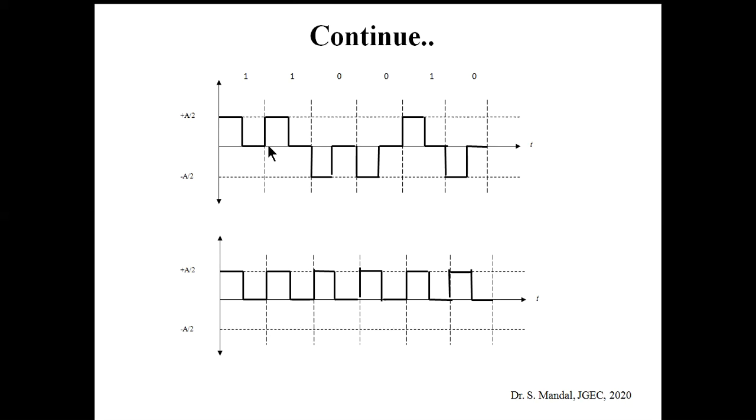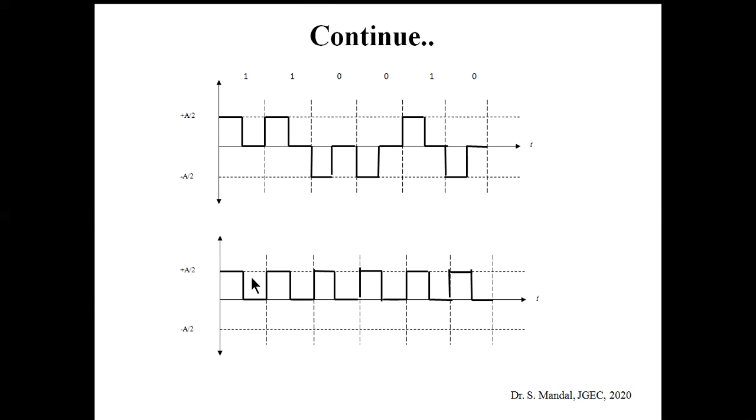So this is basically the polar RZ type. Now, if we send it through a full wave rectifier, you can see that the corresponding output will be like this, which is nothing but a clock signal. That means polar RZ has the self synchronization property. We can extract timing information from the polar RZ itself.